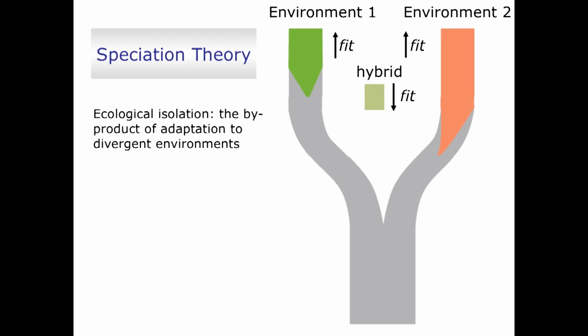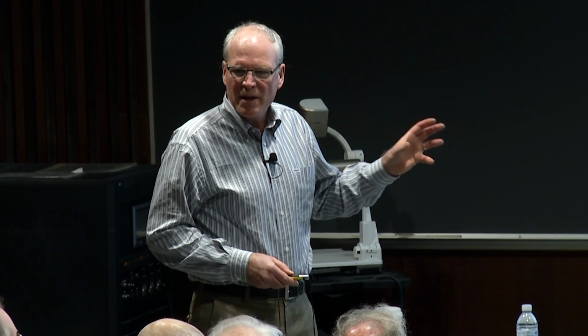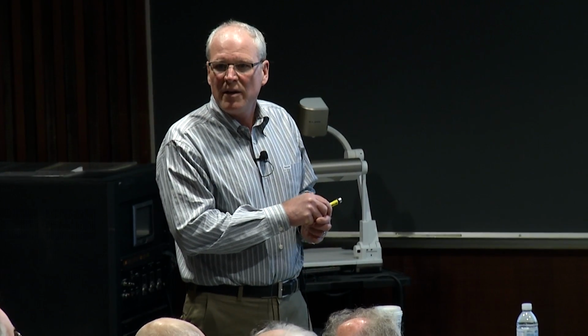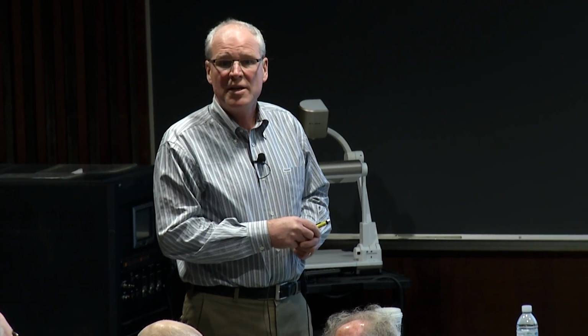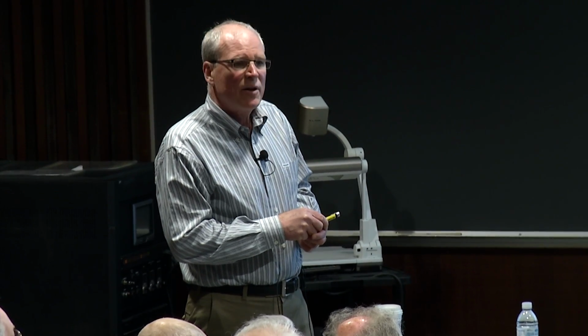But there's another component, and that may be that certain alleles found in the different respective environments, when put together in the same background, may clash, and the downstream effect on fitness may be negative. So these are not mutually exclusive. We've got one and the other, and with yeast we can quantify the contributions of these two modes of reproductive isolation. So not yet new species, but we do predict reproductive isolation.